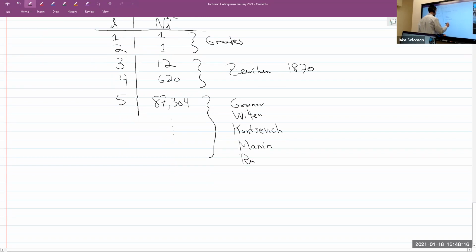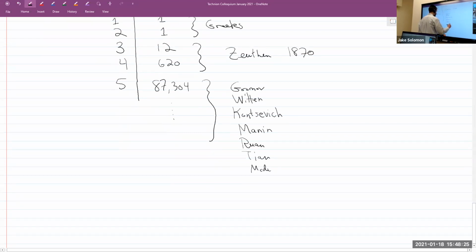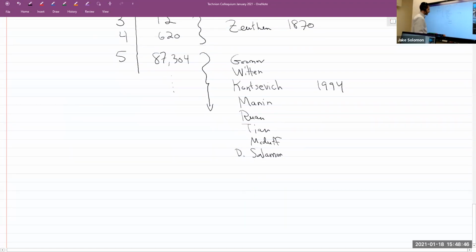There were also essentially simultaneous papers of Ruan, Tian, McDuff, Salamon, not this Solomon, but rather Dietmar Salamon. And this was, I say, roughly 1994. Okay, so this was the solution for arbitrary degree. And in fact, what they did works for arbitrary n too.